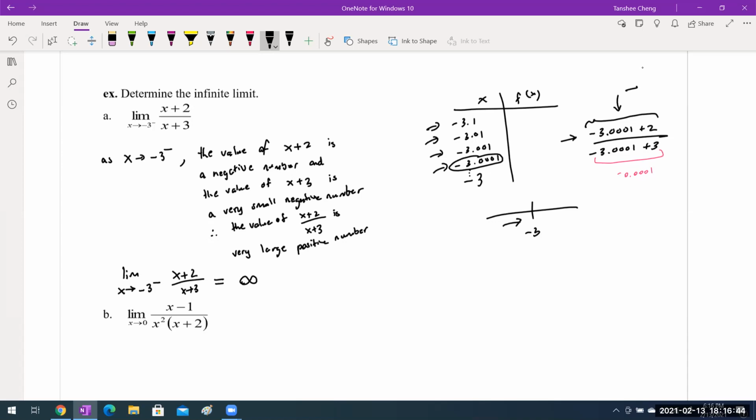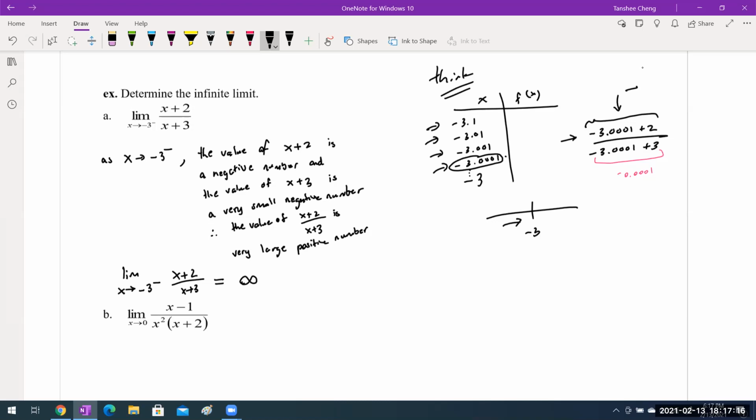When we think about it, we think about one particular number to get an idea of where this is going. And we don't want to use this one particular case to talk about it, because as x approaches -3, between -3.0001 and -3, there are infinitely many numbers that we can use to continue approximating.